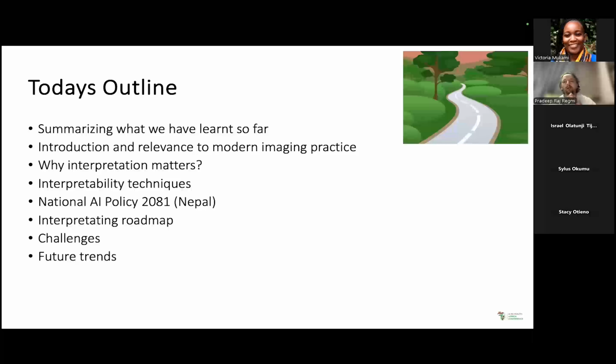And while interpreting these AI models, there are some national artificial intelligence policies that we have to take care of prior to integration and interpretation of AI models, and interpreting roadmaps. I'll discuss this, and the challenges and future trends of interpreting these AI models.